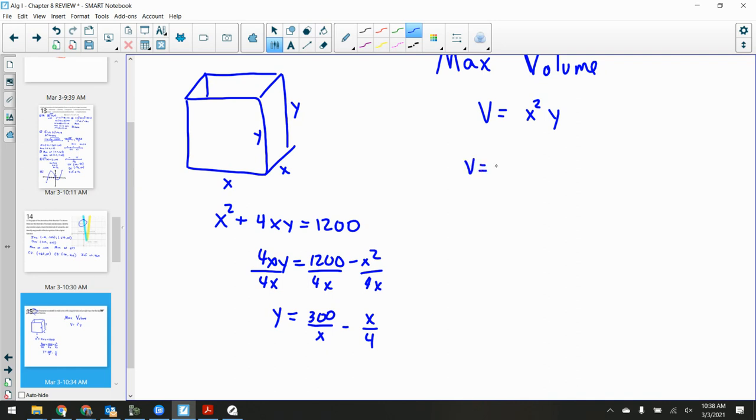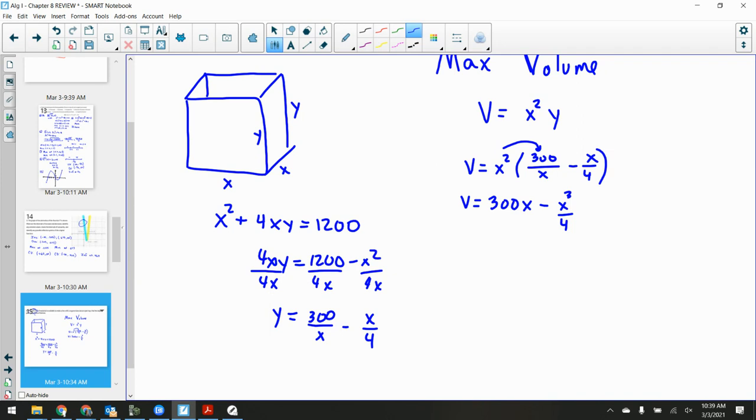Let's plug that in. So my volume is equal to x squared times 300 over x minus x over 4. And now we multiply in our x squareds. When I do that, that's going to give me 300x, because one of them is going to cancel with the denominator. And that's going to give me x to the third minus x to the third divided by 4. Do you follow me there?